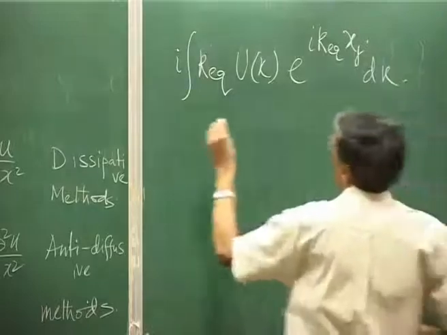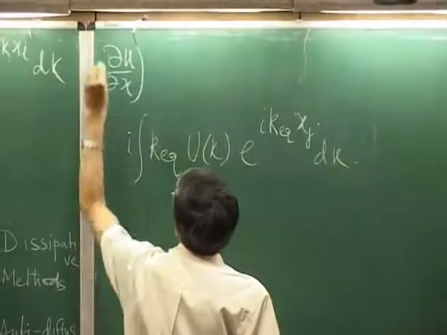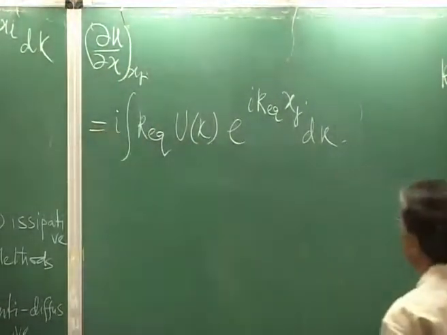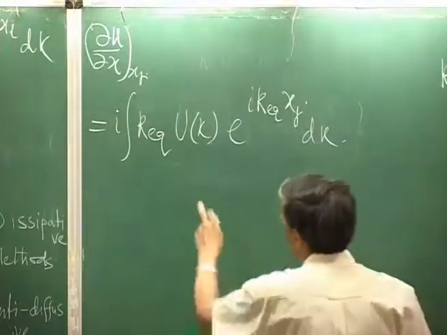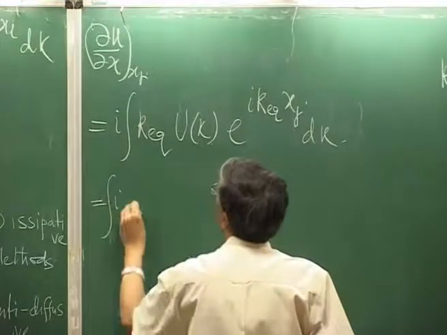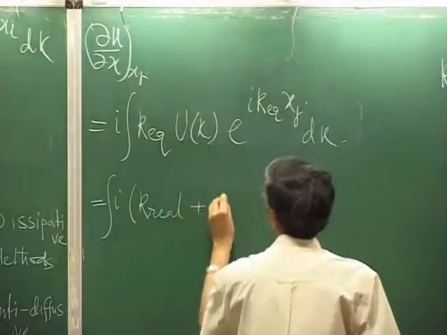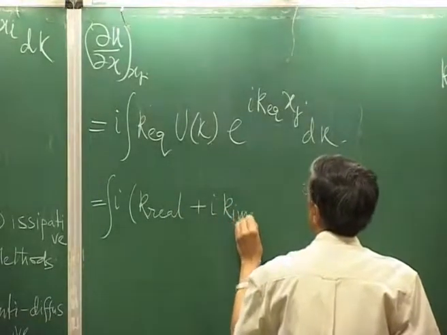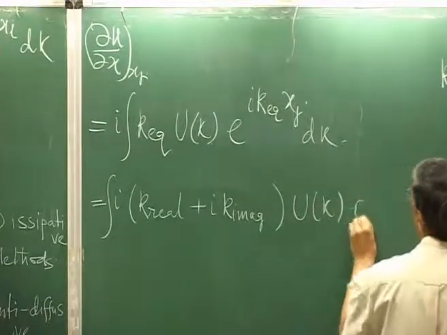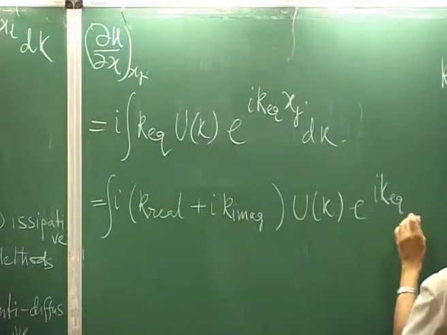This is, let us say, we are finding out del u del x at xj location. That is what we are finding out. Okay. Now, say K equivalent has a real and imaginary part itself. Well, let me write it. This part I am just leaving it as it is.